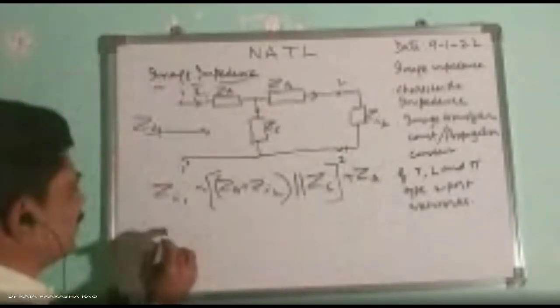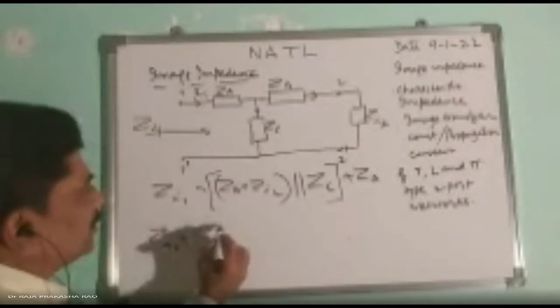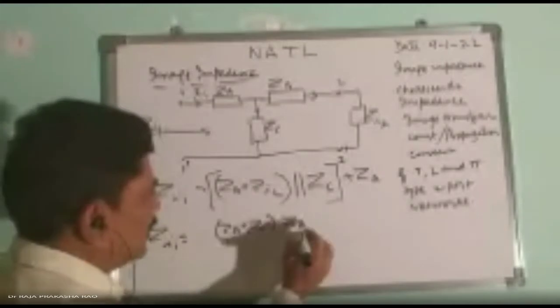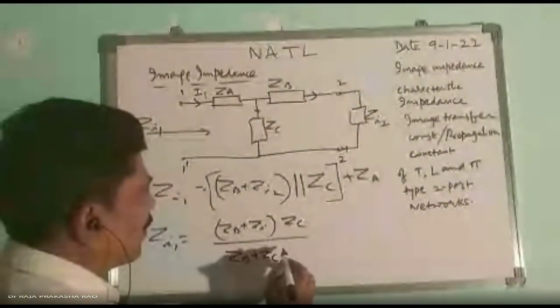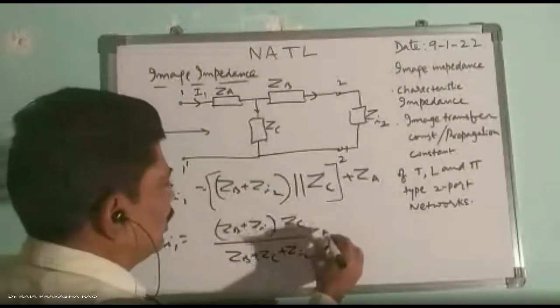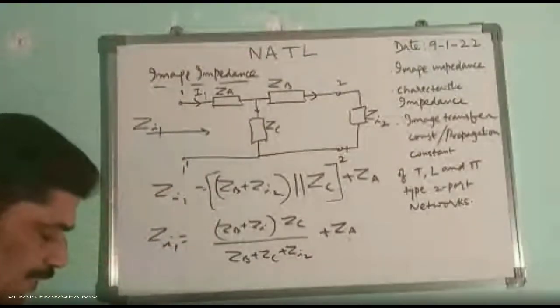Now find ZI1. ZI1 is equal to, these two being in parallel, (ZB plus ZI2) into ZC by (ZB plus ZC plus ZI2), plus ZA.